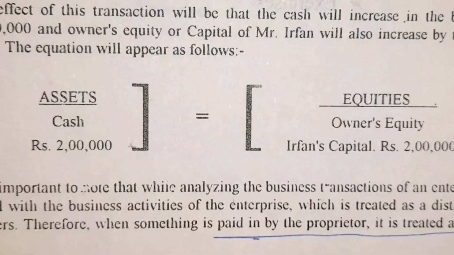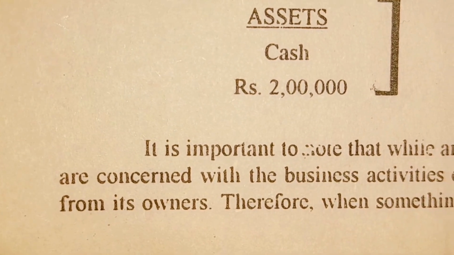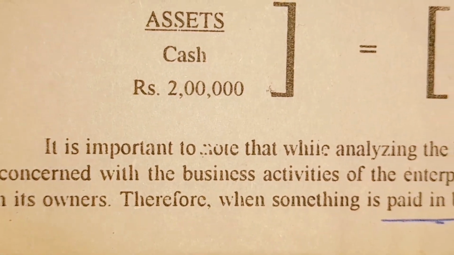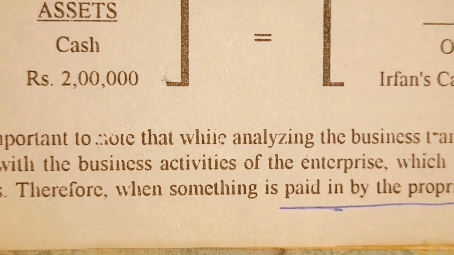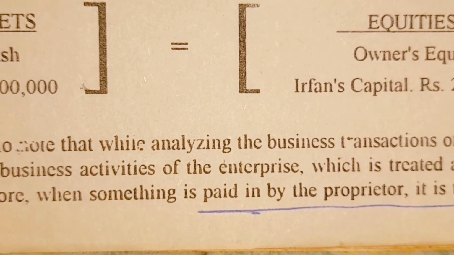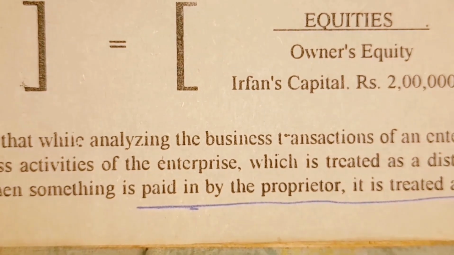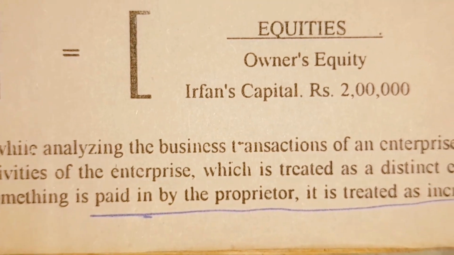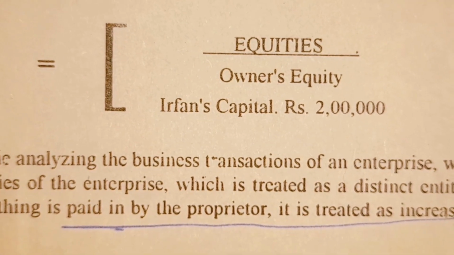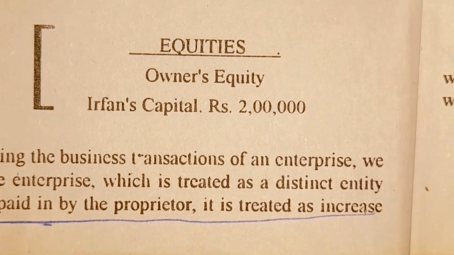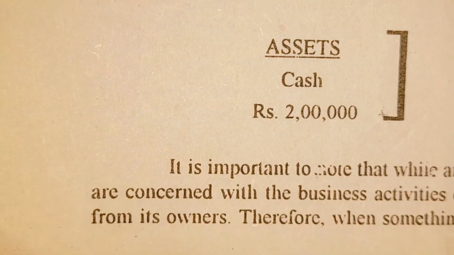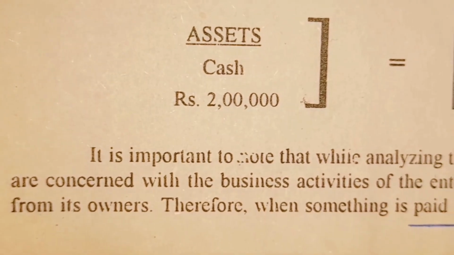It is important to note that while analyzing the business transactions of an enterprise, we are concerned with the business activities of the enterprise, which is treated as a distinct entity from its owners.